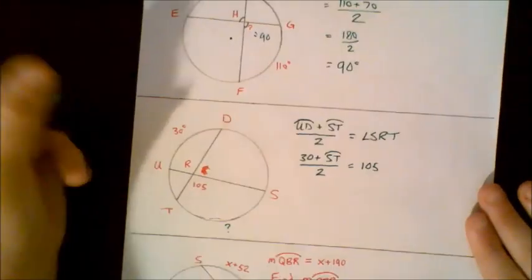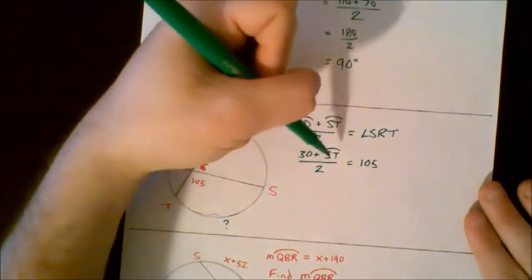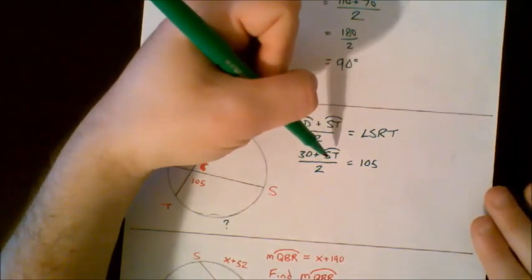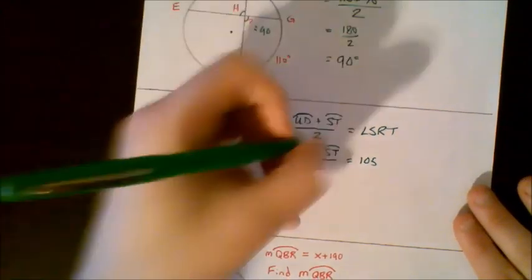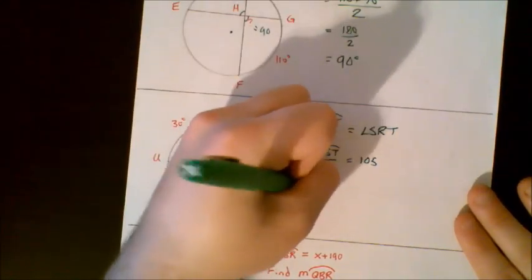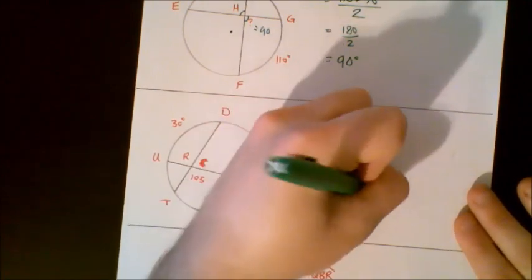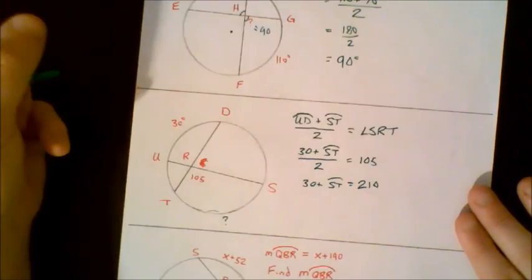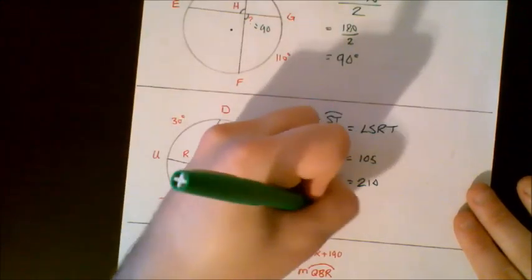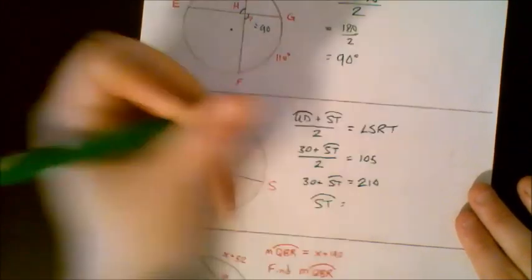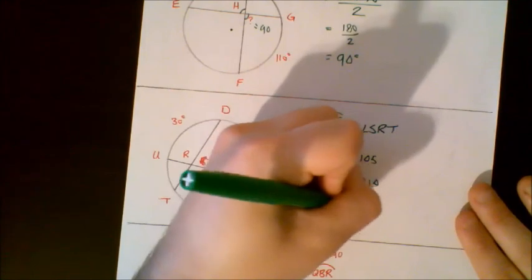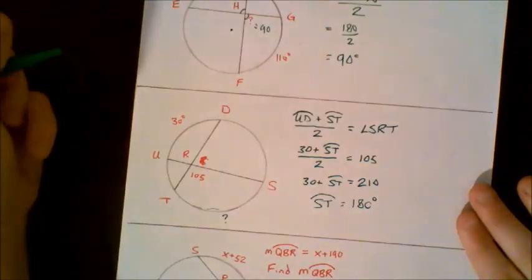Now we just have to use a little bit of algebra to solve for arc ST. Just multiply both sides by 2. We get 30 plus arc ST equals 210, and then you subtract away your 30 degrees. We're left with arc ST equals 180 degrees.